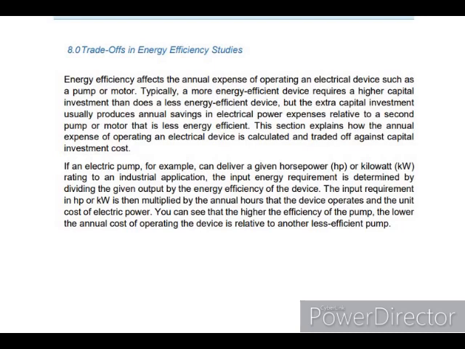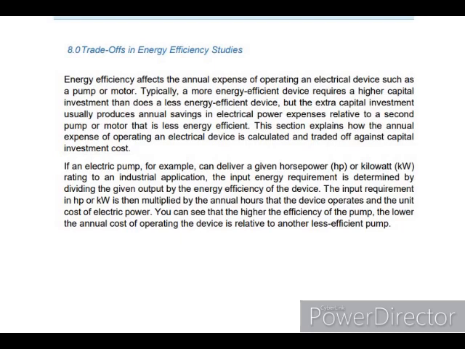If an electric pump, for example, can deliver a given horsepower or kilowatt rating to an industrial application, the input energy requirement is determined by dividing the given output by the energy efficiency of the device. The input requirement in horsepower or kilowatt is then multiplied by the annual hours that the device operates and the unit cost of electric power.